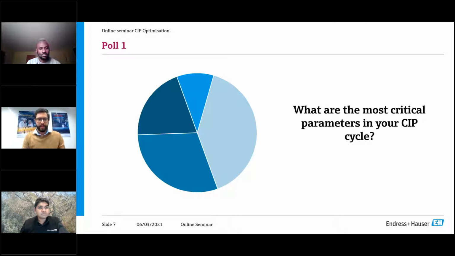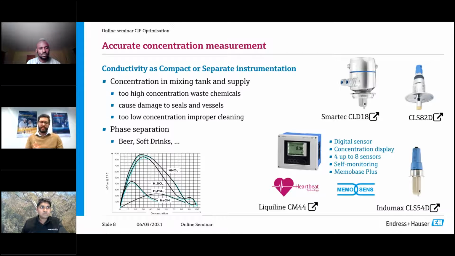Cool. So let's get started with the first parameter that we need to monitor and control in a CIP process, which is conductivity. Conductivity has two main roles within a CIP process. The first one is for phase separation.